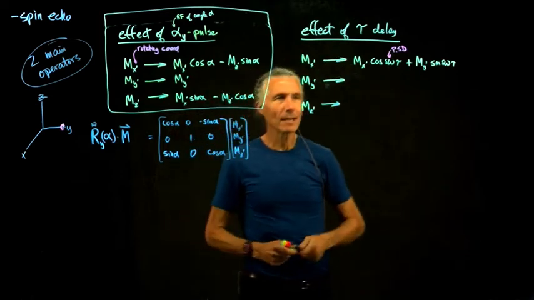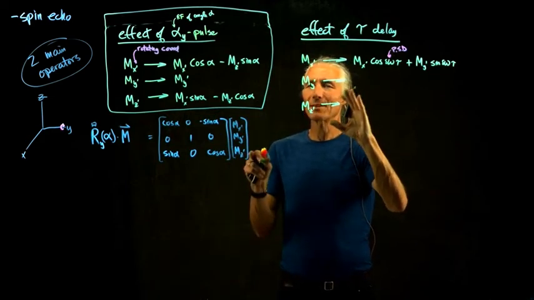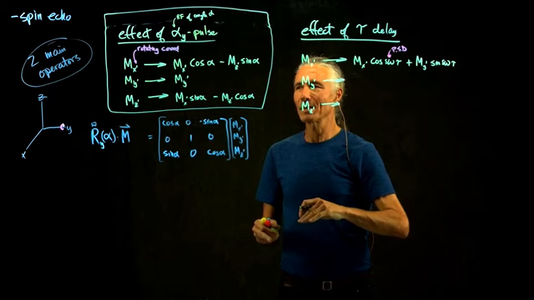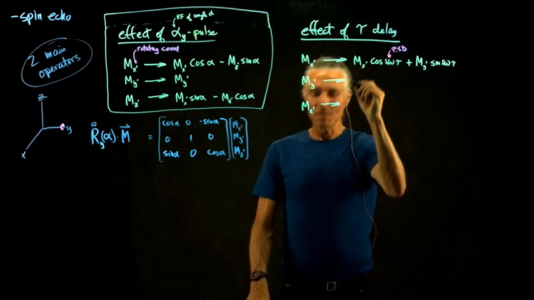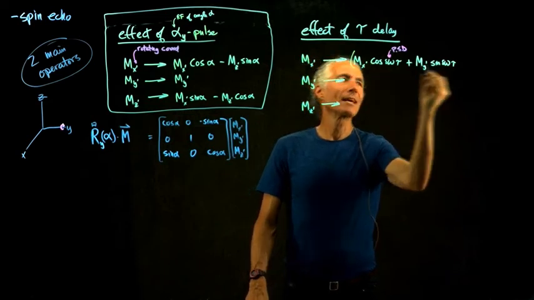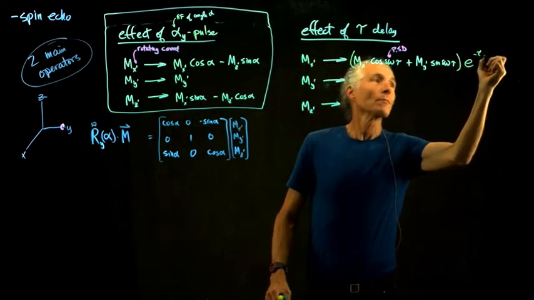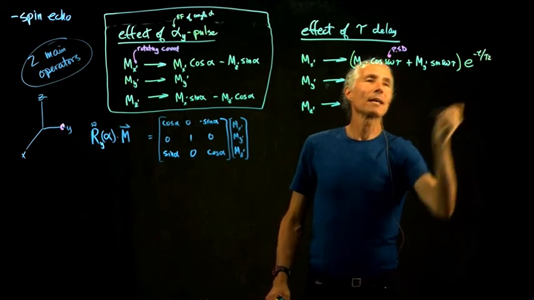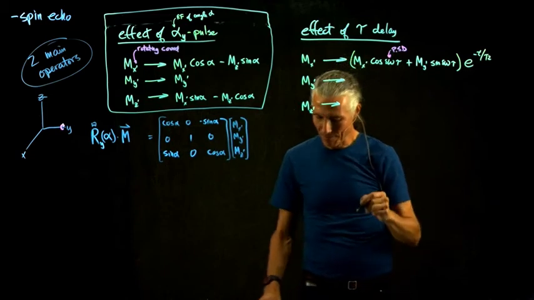And then last but not least, we're not going to use these equations. I'm just going to show you what the transformation rules are, and then we'll give you the answer, if you want. Oh, sorry, I forgot we have to decay it, because remember, it's e to the minus t over t2. So this whole thing is being decayed. Regular t2 decay, not t2 star decay.